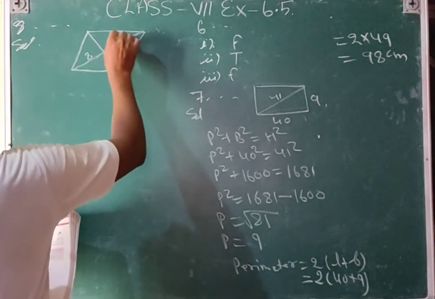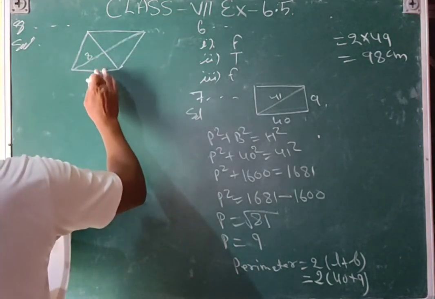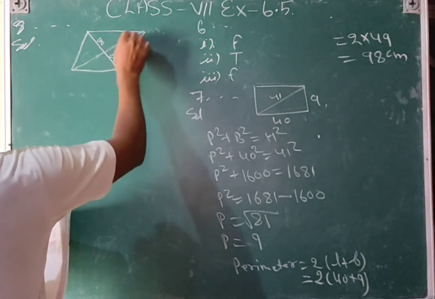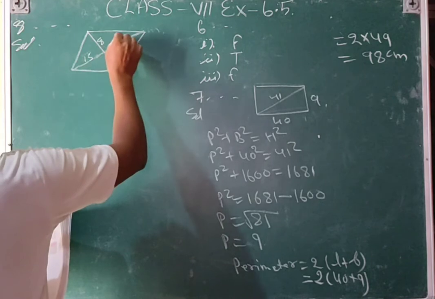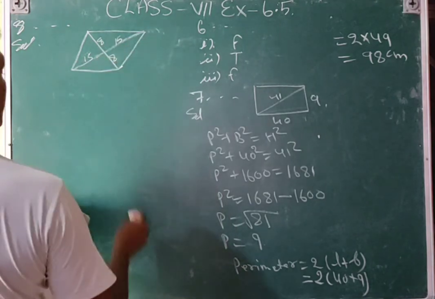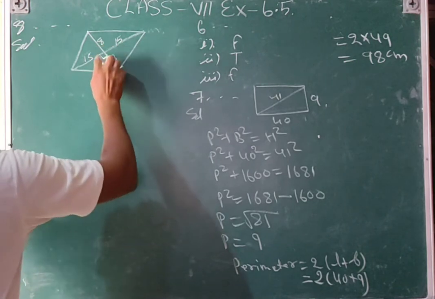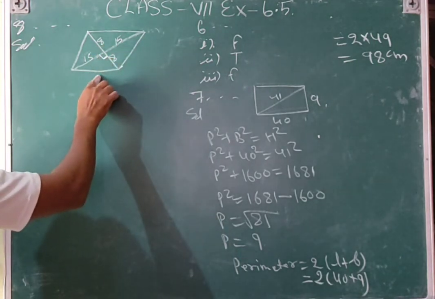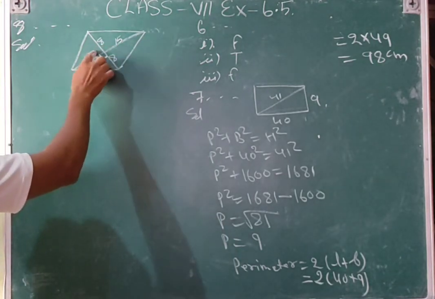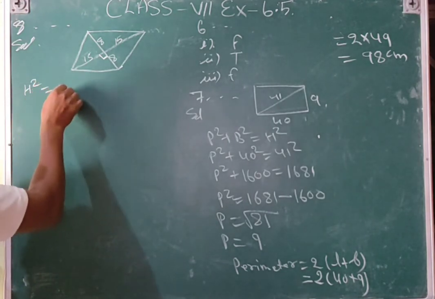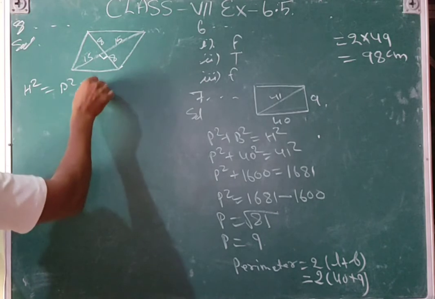So that will be 8 plus 8. And then this is the 30, so 15 plus 15, right? So that will be 90 degree also. So the opposite side of that one is hypotenuse, and this will be base, and this will be perpendicular. So hypo square is equal to P square plus B square.